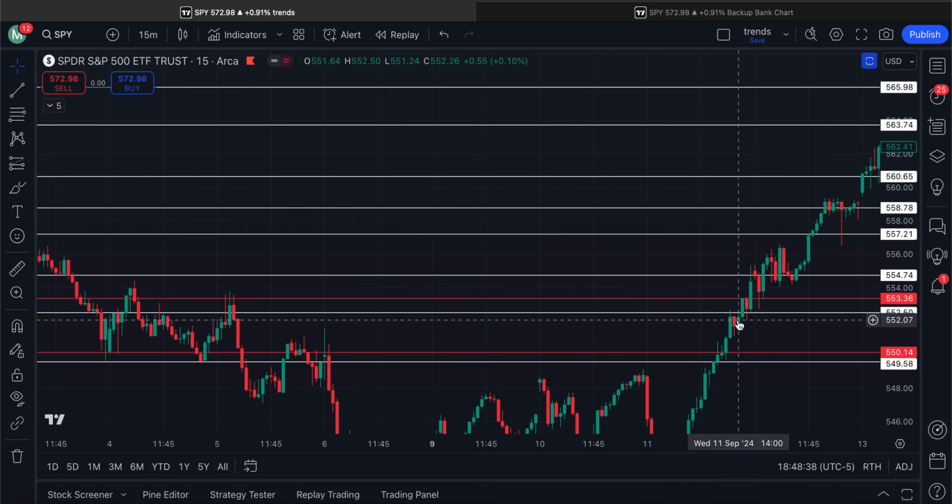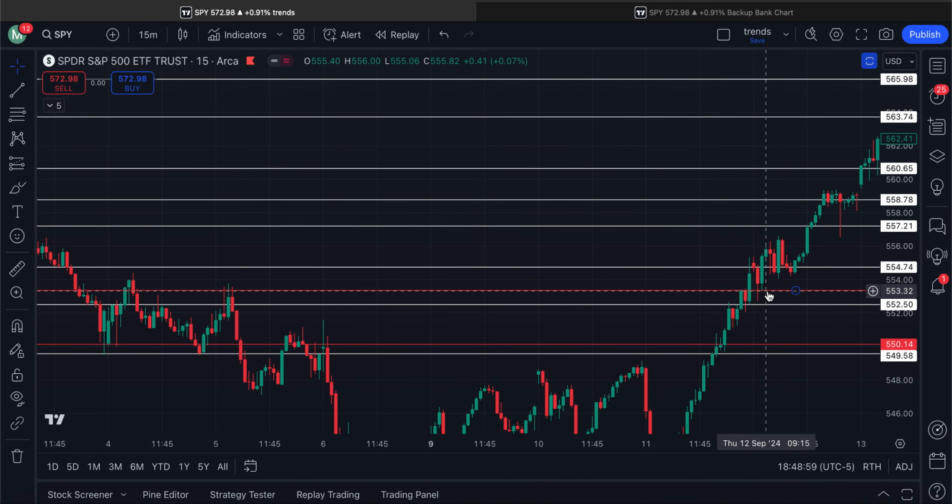This right here was the last staircase, and when it pushed up, we rejected the top of that staircase, and right here it pushed up again. We held up the last staircase to continue the staircase up. With demand and supply zones, if they usually hold above our demand zone, we've got our next price target towards our key pivot, safe bet, our supply zone.